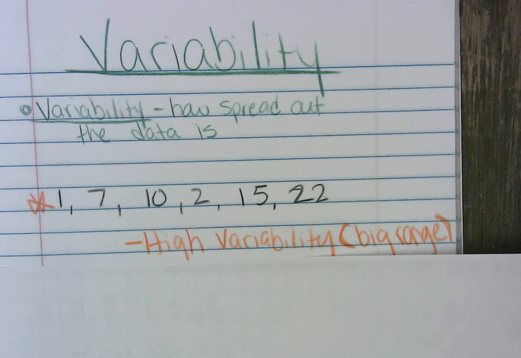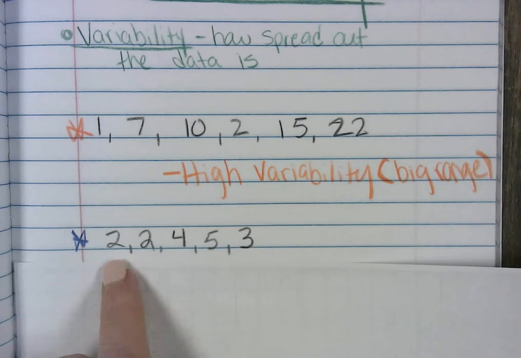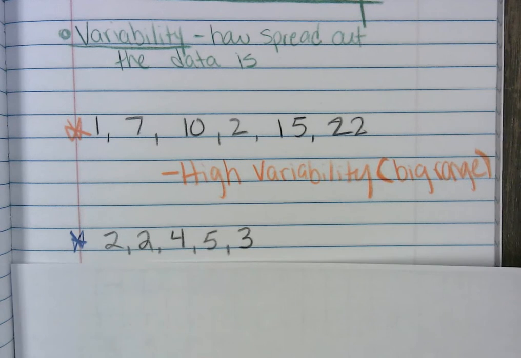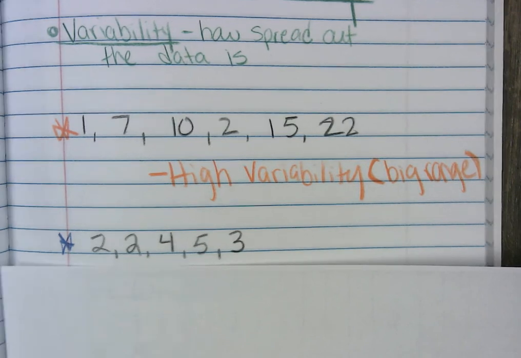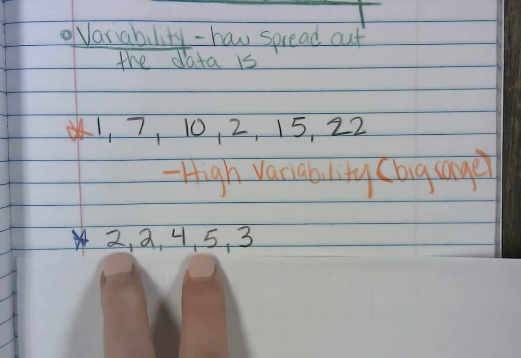Let's look at another set of numbers. Let's write these down: 2, 2, 4, 5, and 3. Looking at those, I want to look at my range, my highest and my lowest. Well, my lowest number is a 2. My highest number is a 5. The range between that is just 3. There's only a difference of 3.